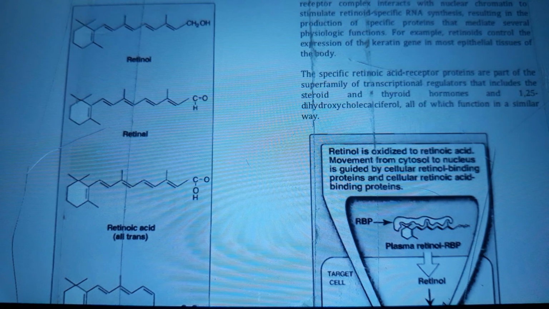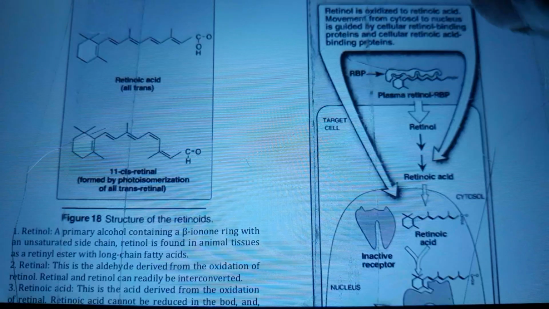For example, retinoids control the expression of the keratin gene in most epithelial tissues of the body. The specific retinoic acid receptor proteins are part of the superfamily of transcriptional regulators that includes the steroid and the thyroid hormones and 1,25-dihydroxycholecalciferol, all of which function in a similar way.